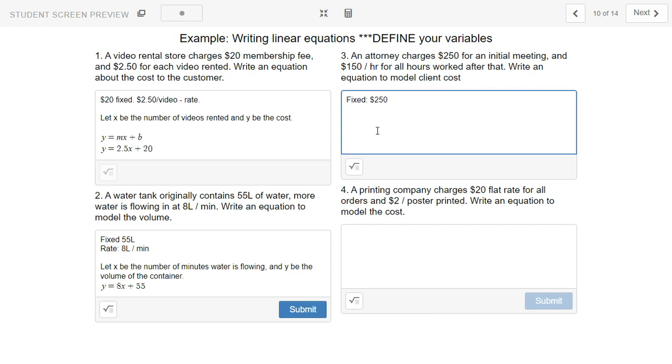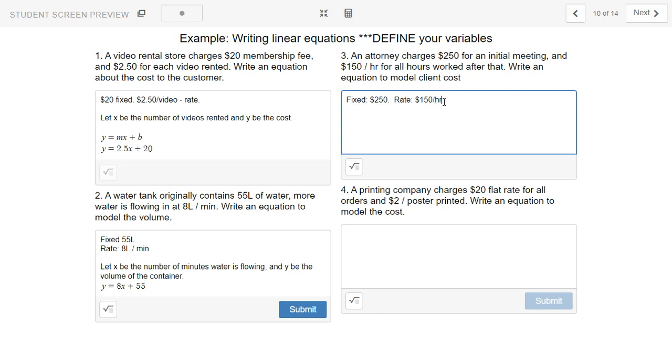If you're meeting with the attorney, whether he or she does work for you, you are charged $250. The rate at which you are going to be charged is $150 per hour. So the cost will go up depending on the number of hours you use.